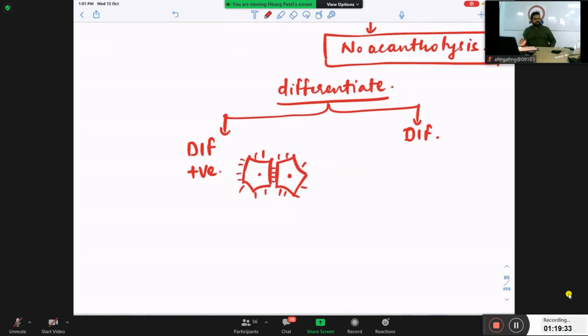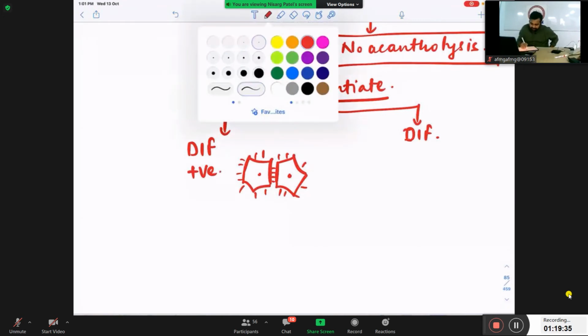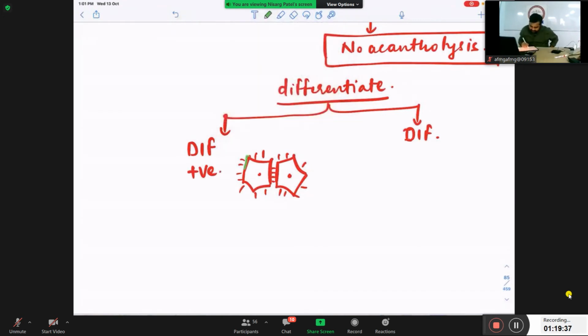It is the IgG antibody. So on a direct immunofluorescence test, when I add the dye, it will bind all this antibody which is deposited on the keratinocyte, and when I illuminate this dye, this will give me the fishnet pattern.